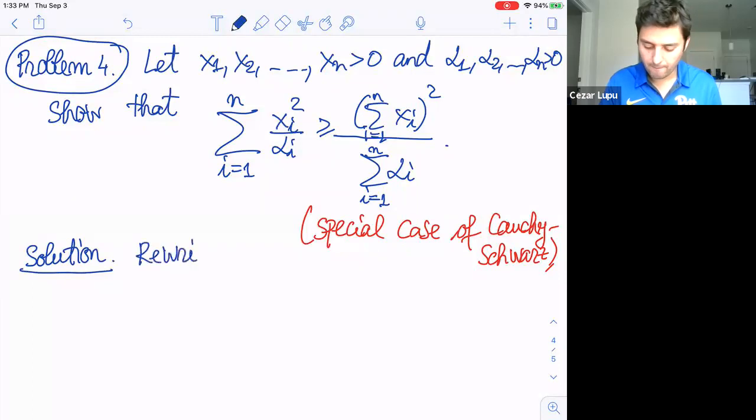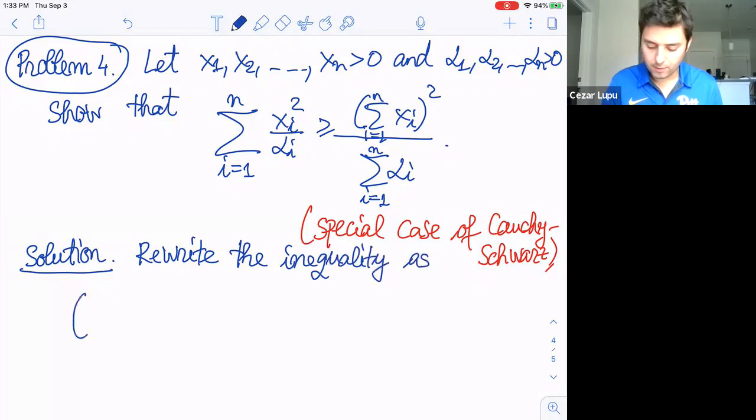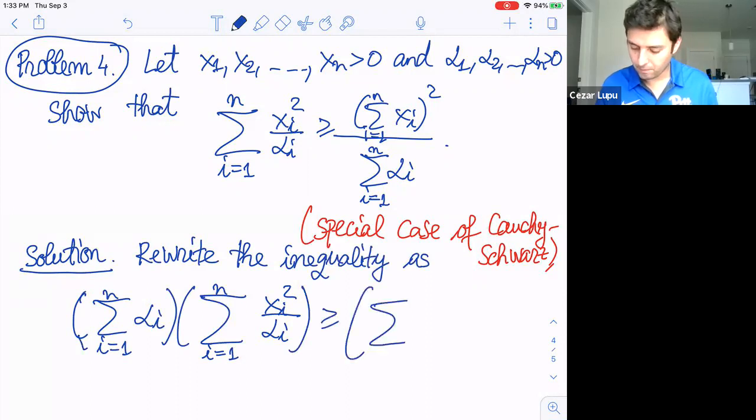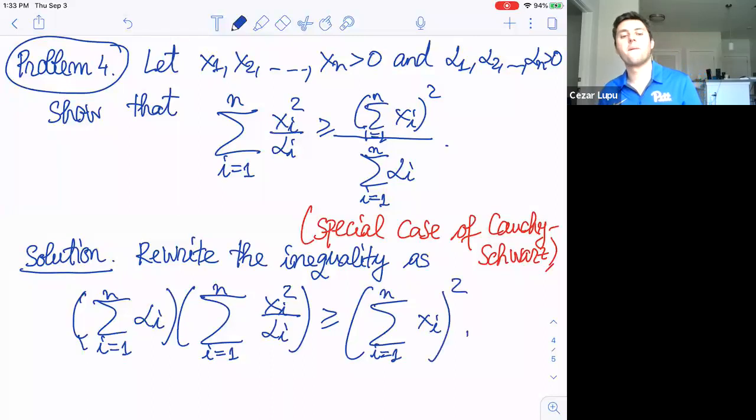Rewrite the inequality as the sum of alpha I... we can rewrite it in this way. Can you see the Cauchy-Schwarz here?